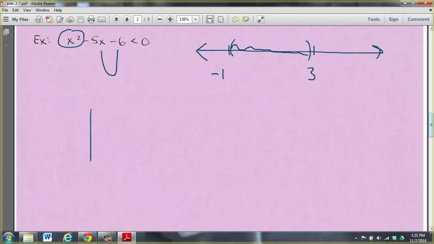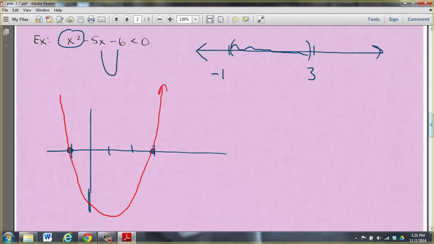So if I were to graph this, and I already know my critical numbers are at -1 and 3, well, it turns out that this graph of a parabola looks like this. Now when you combine that with this, you're looking at where is that graph less than 0.